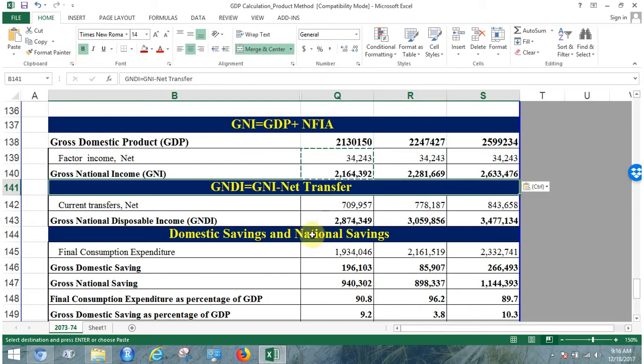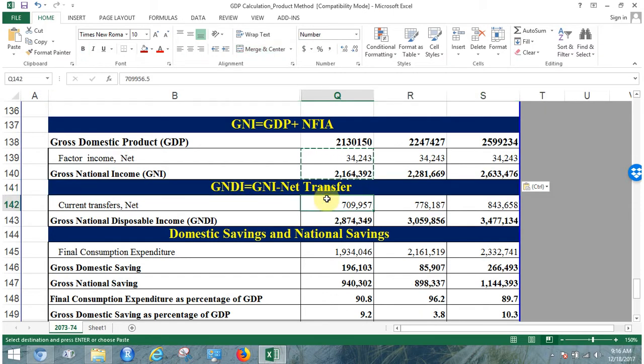So now next we move to gross national disposable income, which is simply the difference between gross national income and the net transfer. So in case of Nepal, the net transfers are quite large due to foreign remittances and pension.